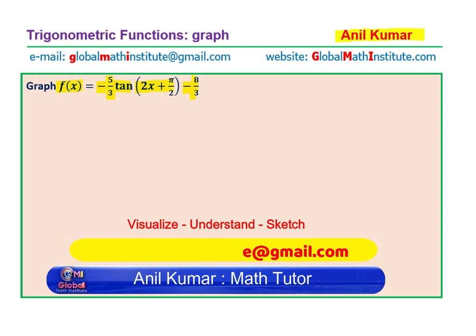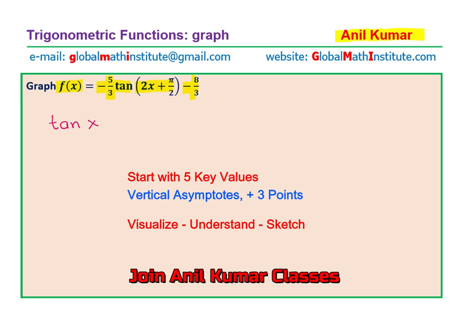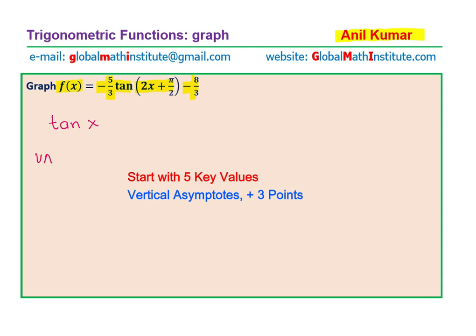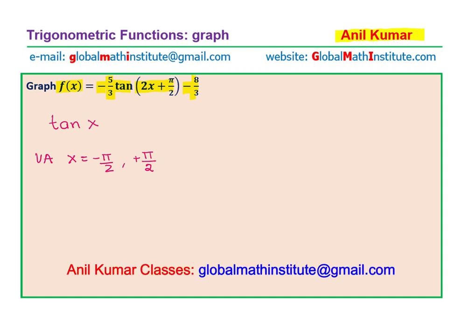So overall, we know it is a transform tan function. What we can do here is write down the 5 key elements for tan x. The important thing here is that tangent functions have a period of pi, right? So we have a vertical asymptote at x equals minus pi by 2 and at plus pi by 2. It's an odd function, symmetric about the origin.